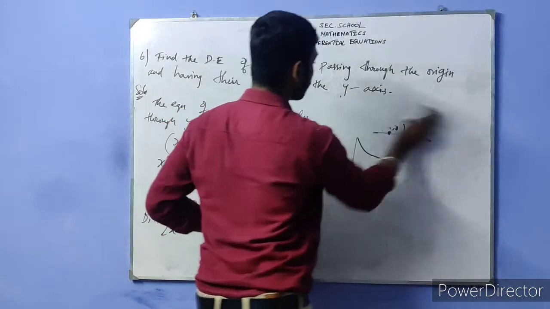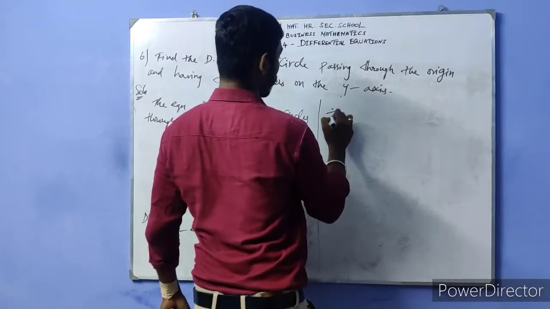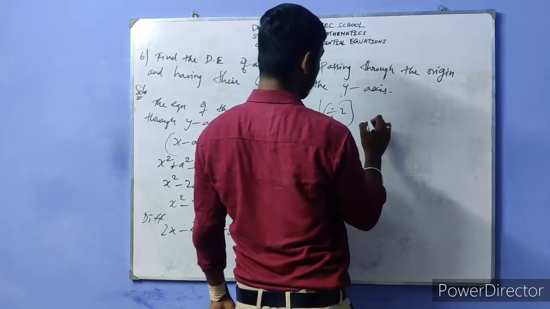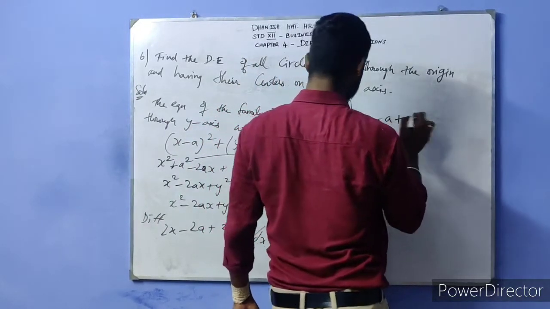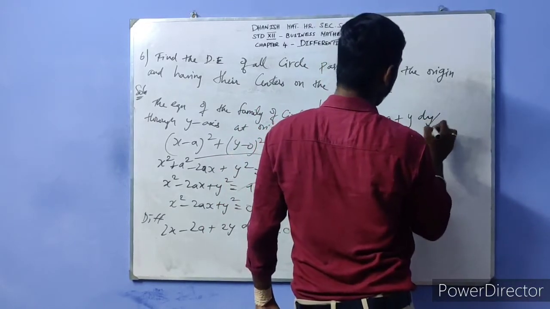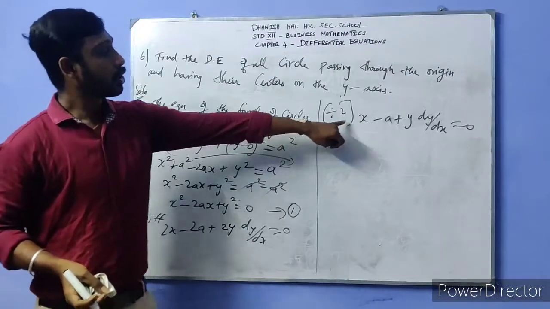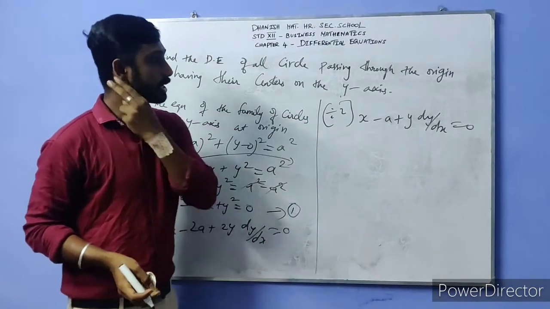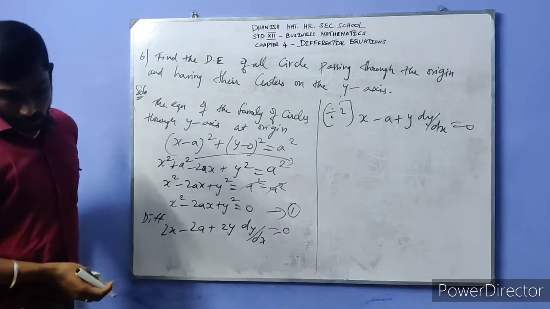Dividing by 2 throughout the equation, we get x minus a plus y dy divided by dx equal to 0.